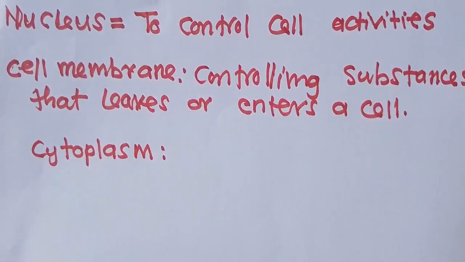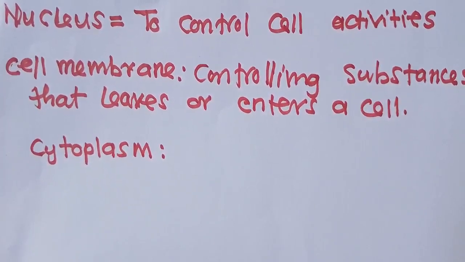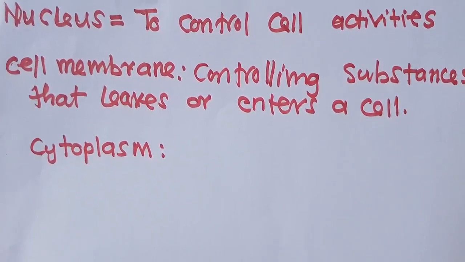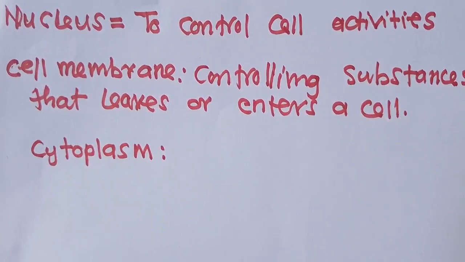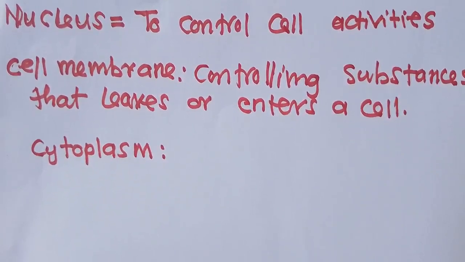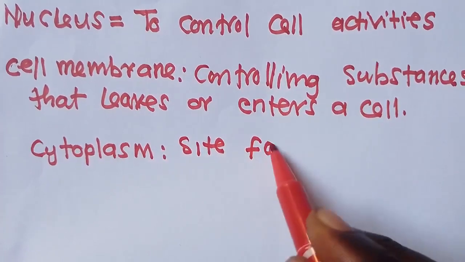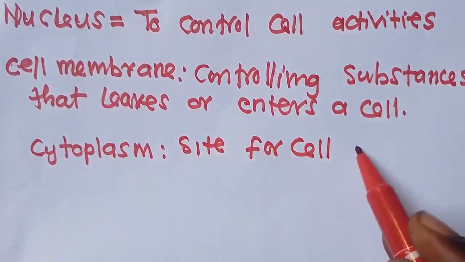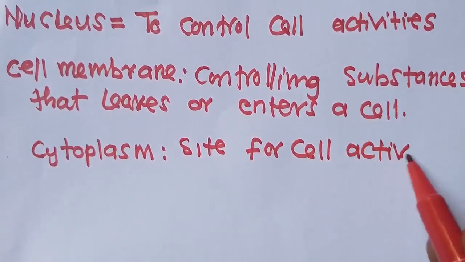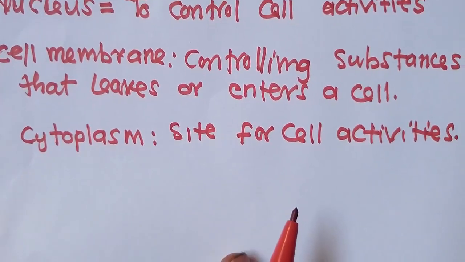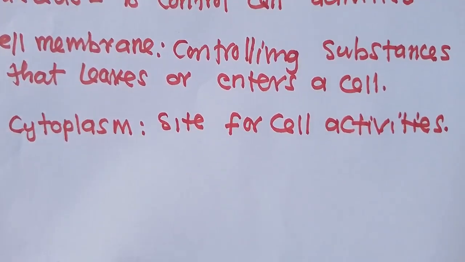What we need to know is that it contains suspended cell structures called organelles, and it is a site for cell activities. This is what you need to understand. I just want you to get these brief functions which I'm giving.